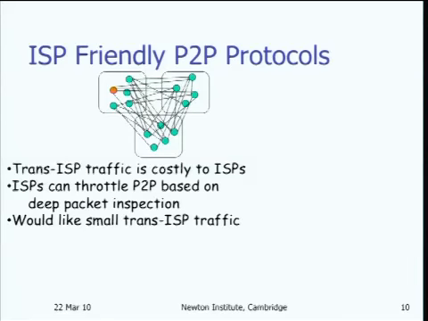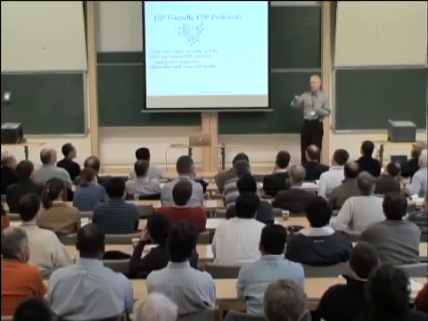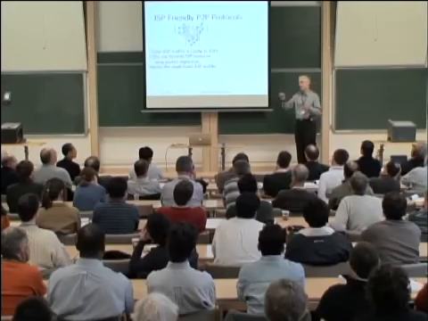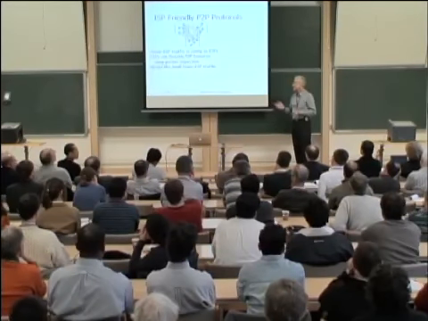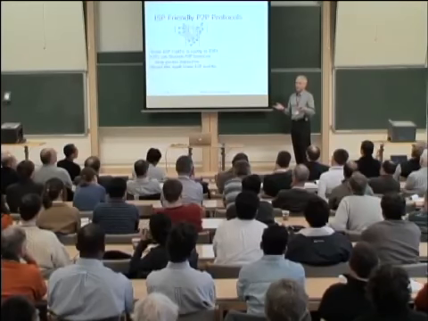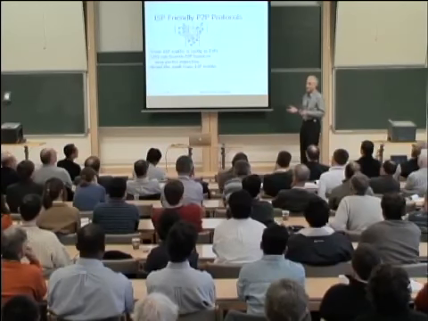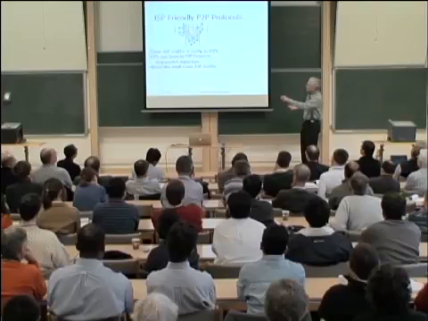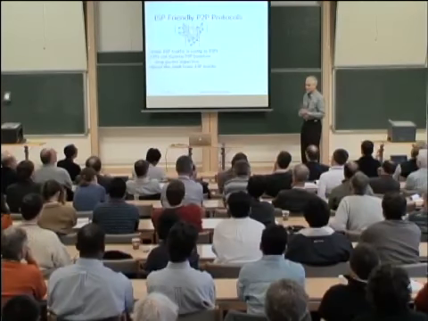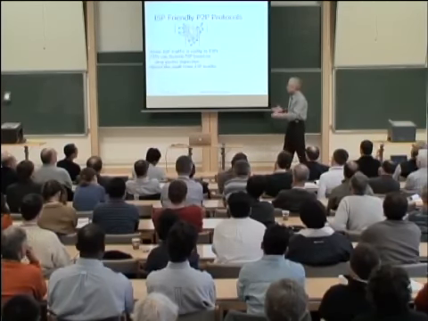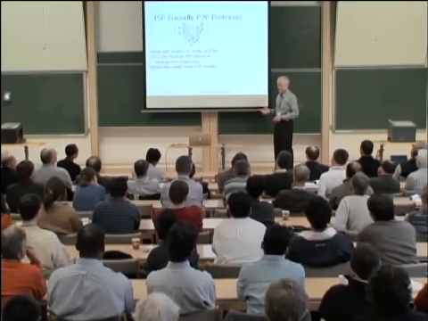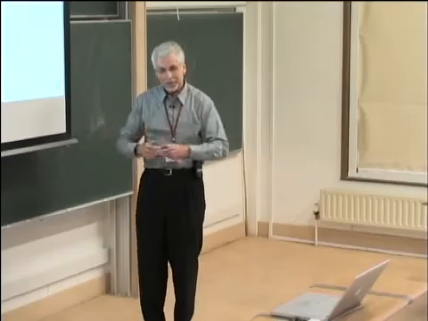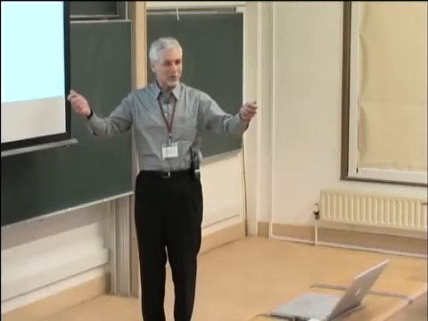The ISPs have a lot of capacity inside their network, but there's limited capacity from one ISP to a neighboring ISP, and they have to pay to use that. So it costs them a lot more in terms of the connectivity they have to the rest of the internet to have one peer sitting in their ISP, downloading and then uploading to the whole rest of the world.